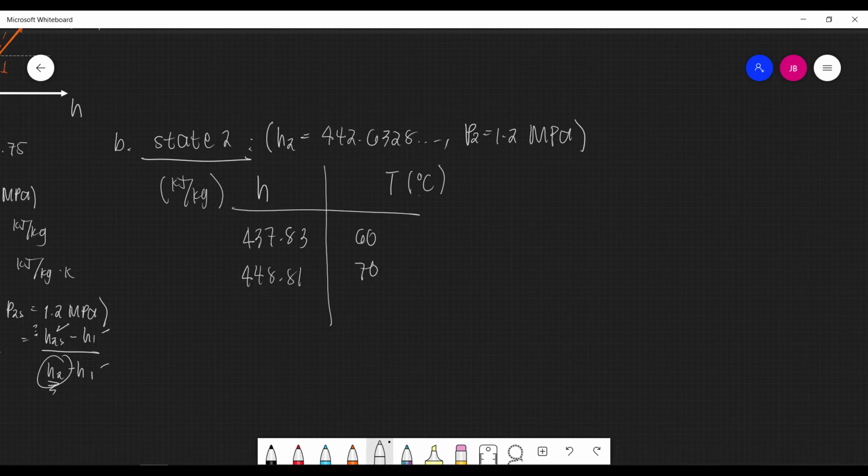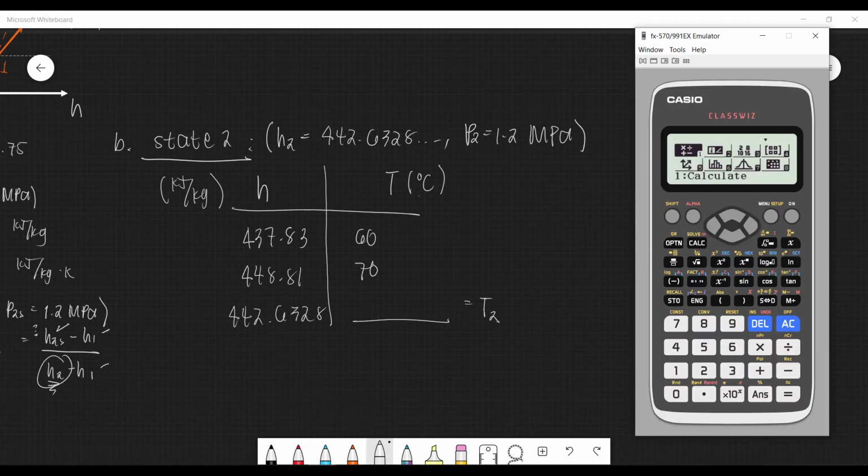So our enthalpy is 442.6328. And the corresponding temperature that we will get here is basically T2. So let's use our calculator. Again, go to statistics and then input these parameters.